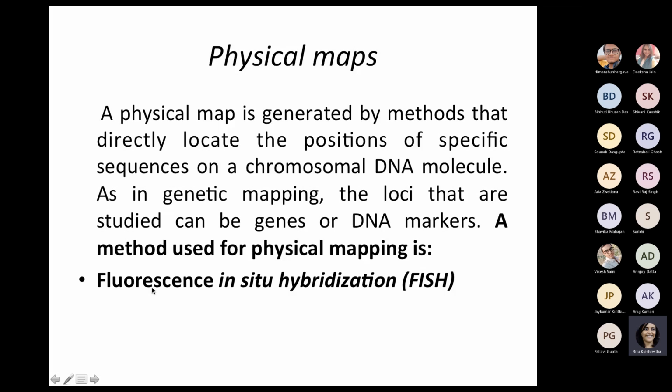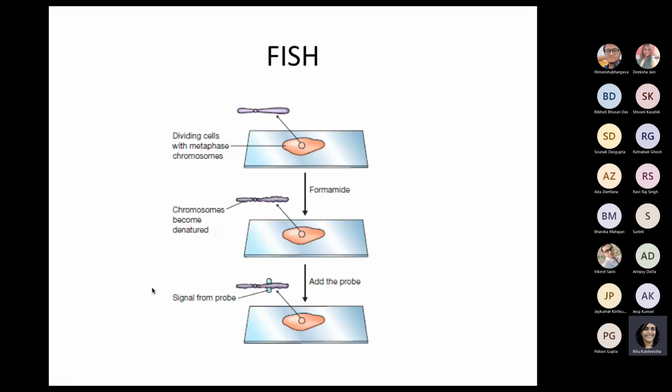Okay. If you want to localize anything on the chromosome, you should do it at a stage in the cell cycle when the chromosome is most condensed. When the chromosome is most condensed and has a very beautiful X morphology, it is at the metaphase stage.